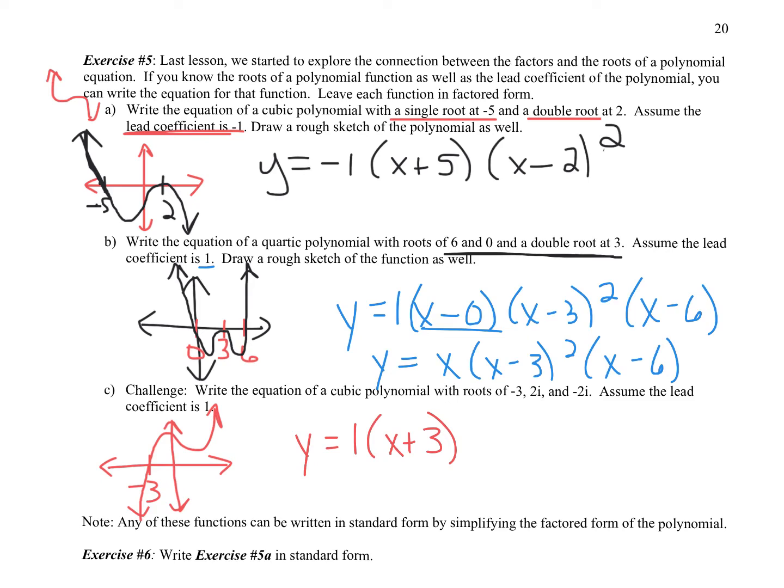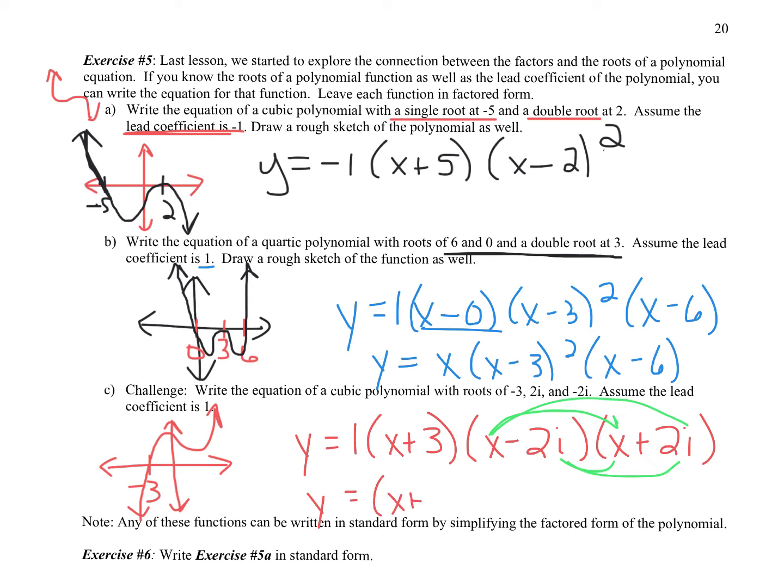For the 2i and the -2i, I can write x minus 2i, x plus 2i, the same way we would change the signs. Now, I don't really like to leave i's in this type of equation. I couldn't type that in my calculator to check it. So I would distribute these two out. These are complex conjugates. I can drop the 1.